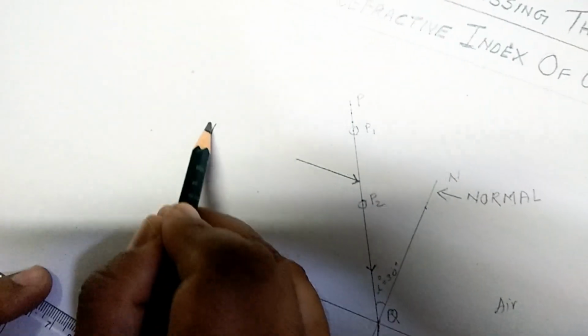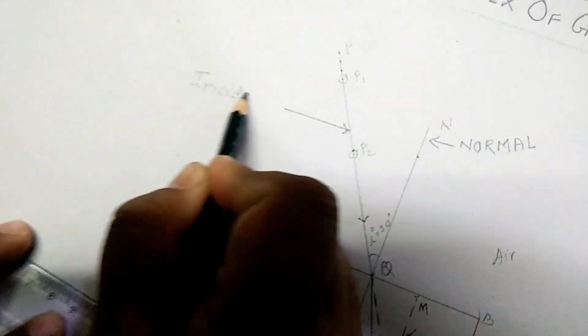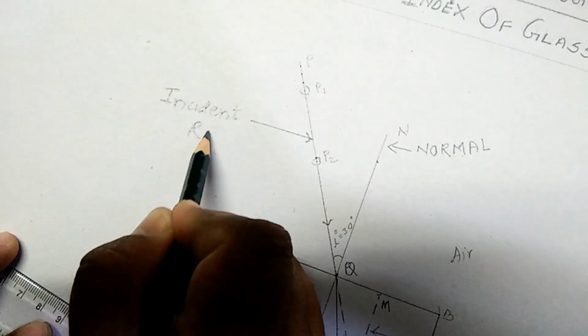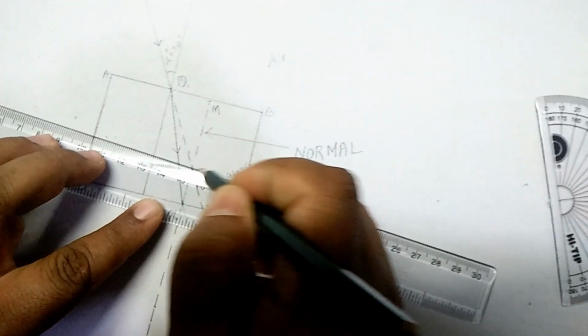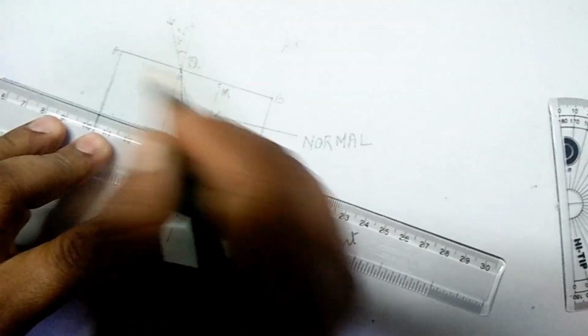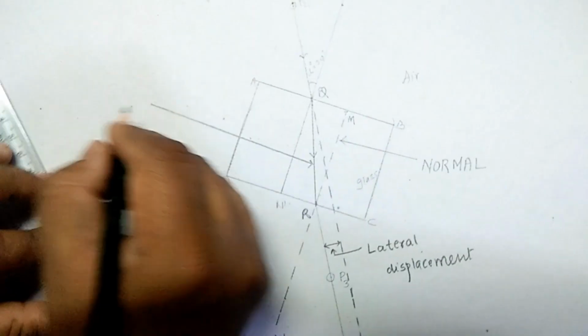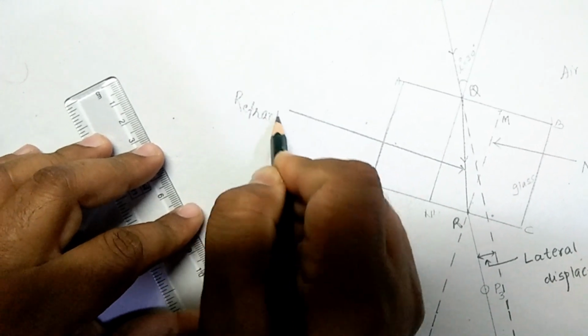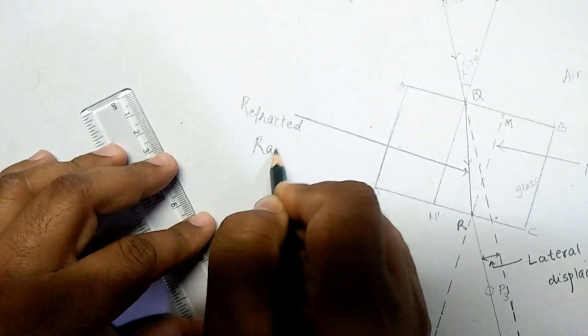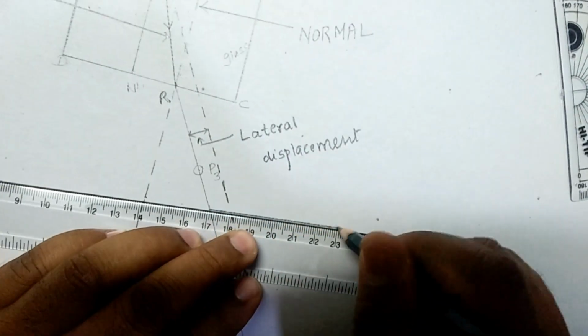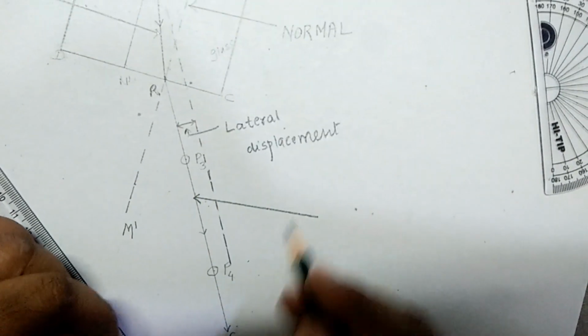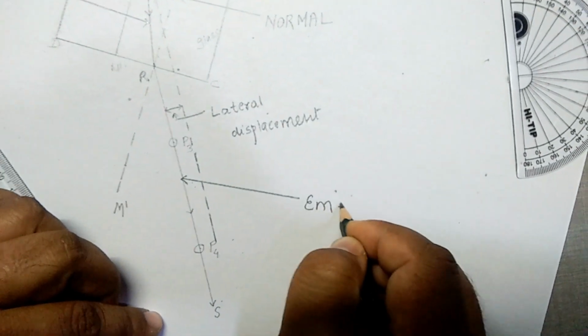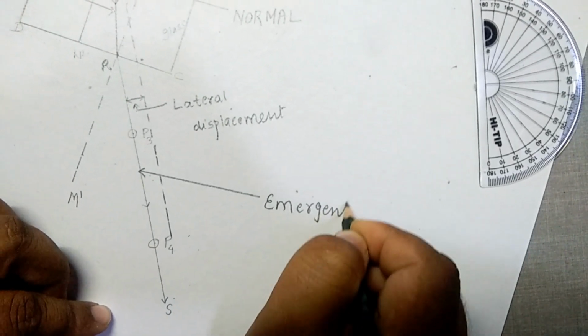Then the next one, QR, is called refracted ray, and the third and the last one is this one, that is RS, which is called emergent ray.